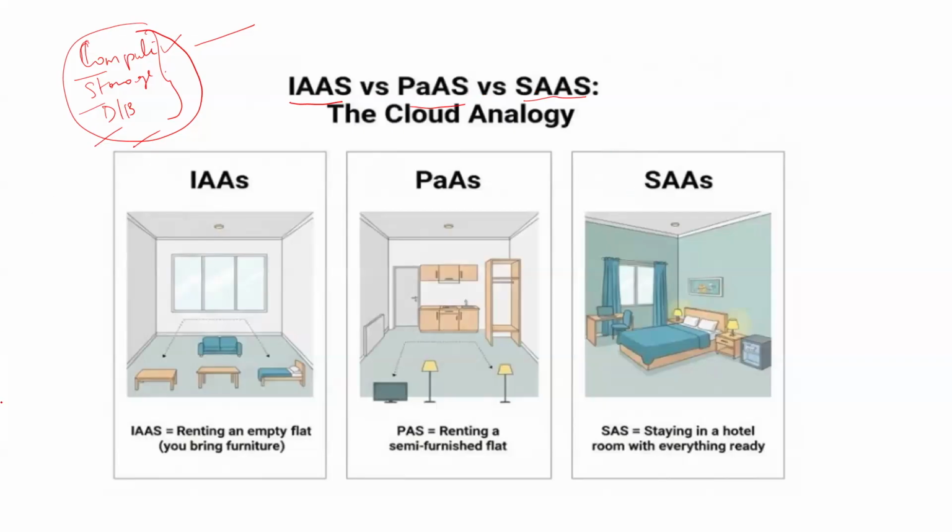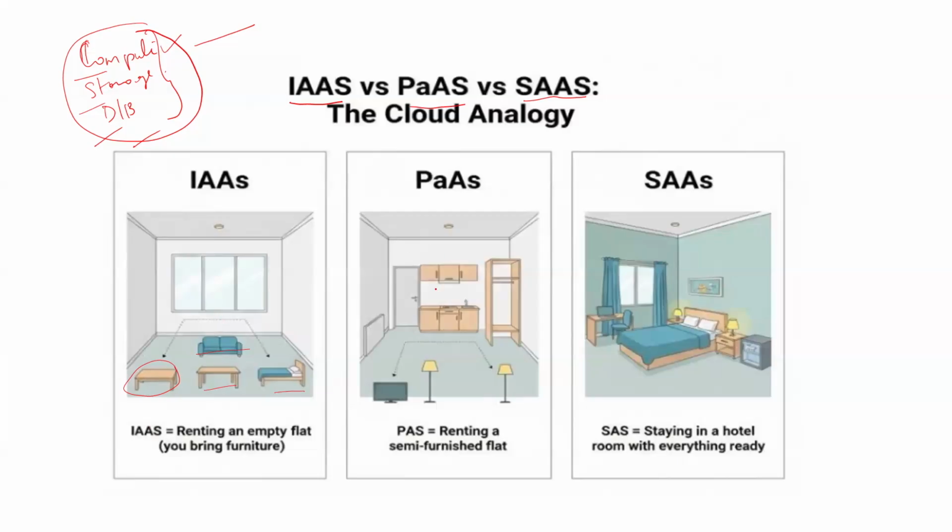In infrastructure as a service, as in this picture, it's an example of you renting a place. You have bought a place, you're renting a place, and you have your own furniture that you bring in from the beginning.